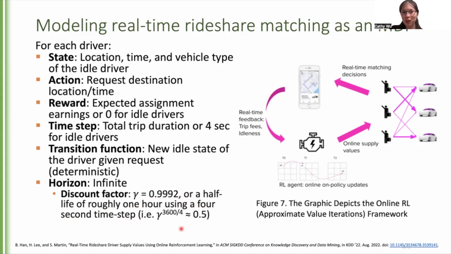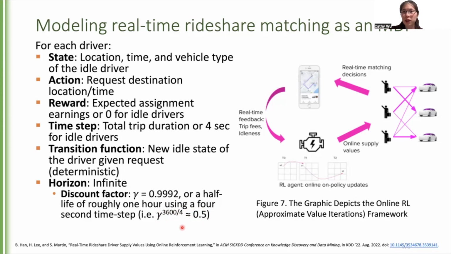So the analysis is here, where this is gamma to the number of time steps, seconds divided by 4-second steps. This is roughly 0.5. And so this is roughly saying that we care about what happens in the next half hour twice as much as what happens in the half hour after that.